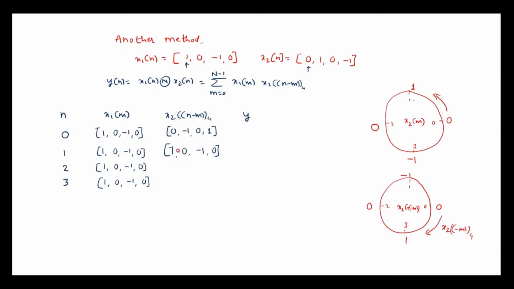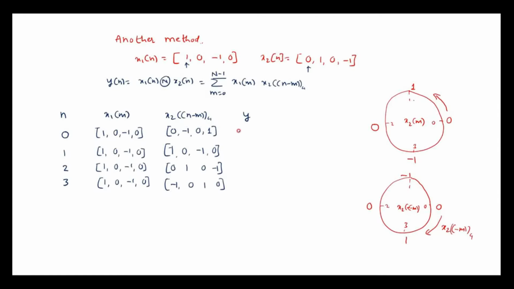It means shift this sequence by 1 unit again towards the right, so this sample will come first, that is 0, and the others will be shifted. Similarly for x2 of 3 minus m, again shifted by 1 unit towards the right, so this minus 1 will come first, this is 0, this is 1 and this is 0.